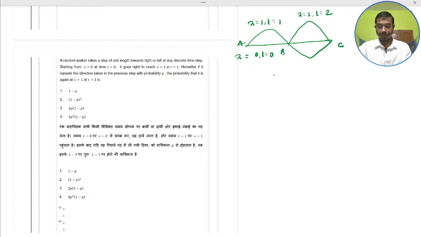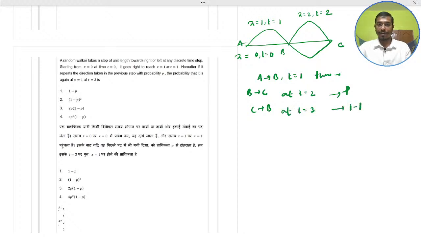So if the event goes from A to B at t equal to 1, then B to C at t equal to 2 with probability p. Now C to B at t equal to 3 would be with probability 1 minus p. 1 minus p would be the correct answer, because the C coordinate is x equal to 2, t equal to 2, and the B is x equal to 1, t equal to 1.